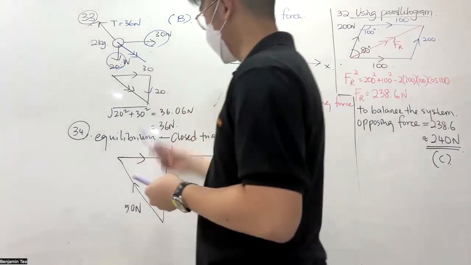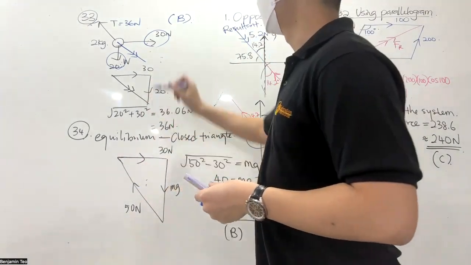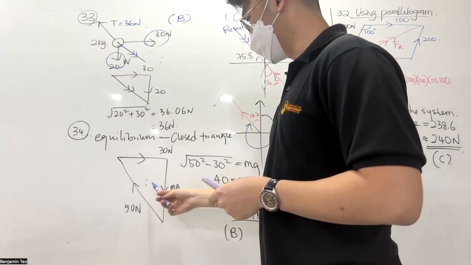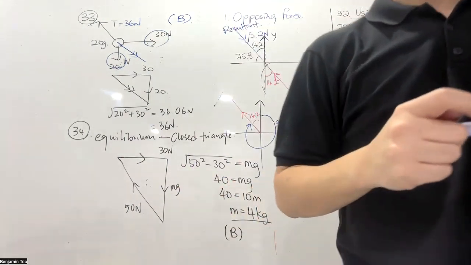Okay. 其实第一个你也是可以这样子做的，也是可以画你的 closed triangle 先。This one, then you find the tension.